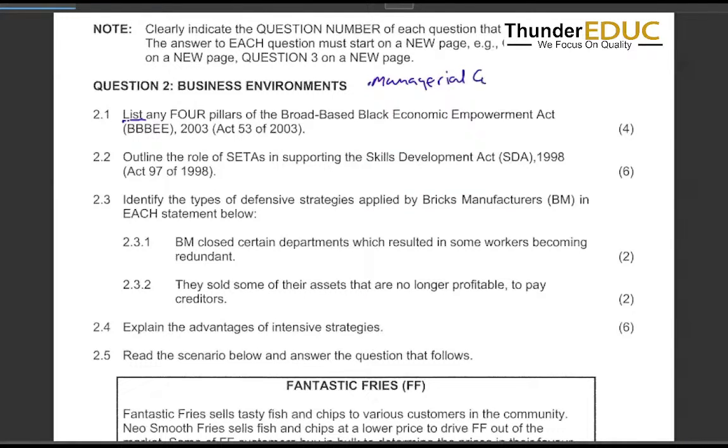Managerial control. The second one, we have skills development. Skills development. And then another one, we have ownership. Ownership. And then another one, we have enterprise and supplier development.